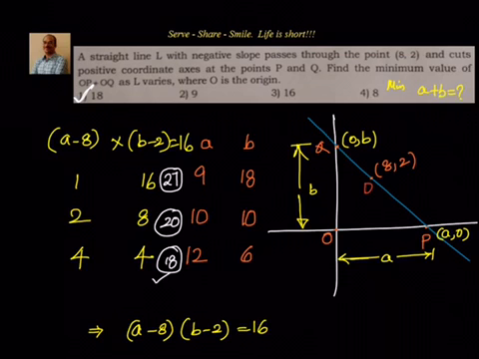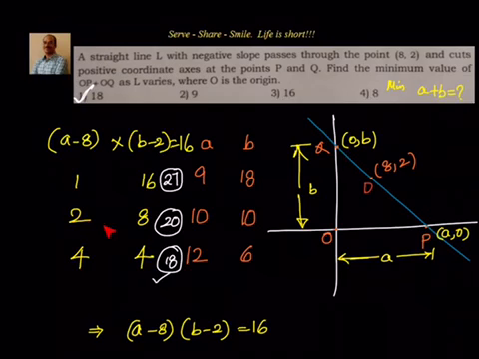Since the solutions given to us are integers, taking the factors of 16, we have 1 into 16, 2 into 8, 4 into 4. Let's substitute the values for A and B. A minus 8 equals 1, A becomes 9, B minus 2 is 16, B becomes 18.